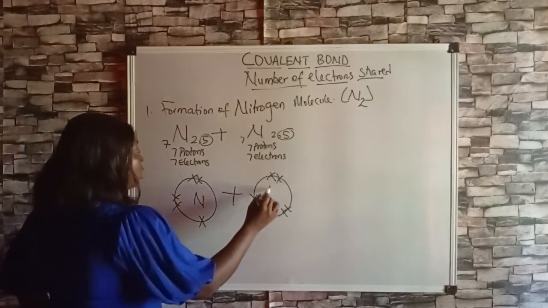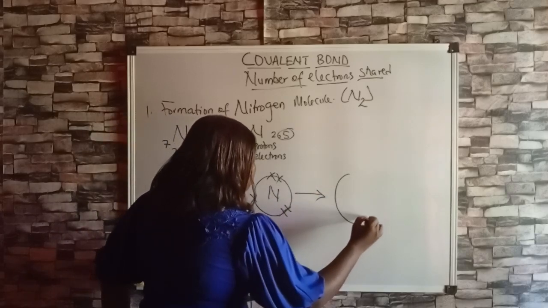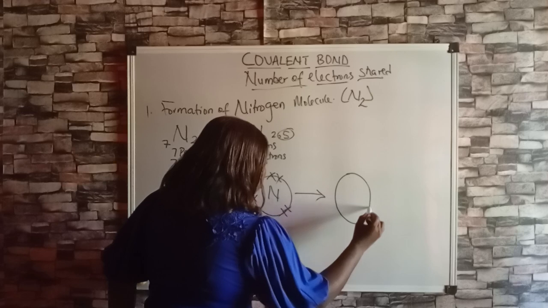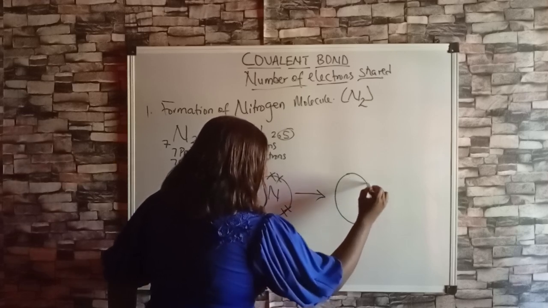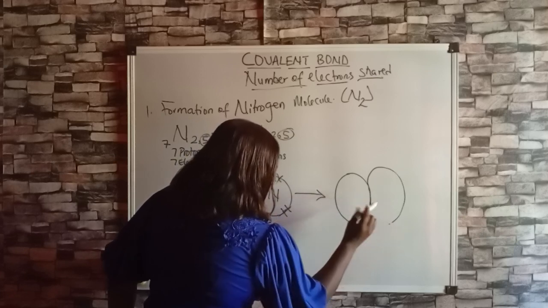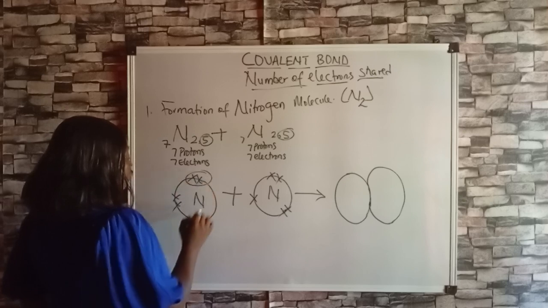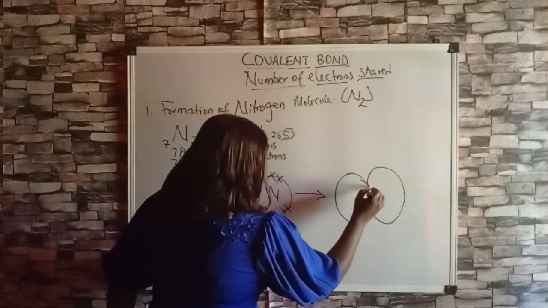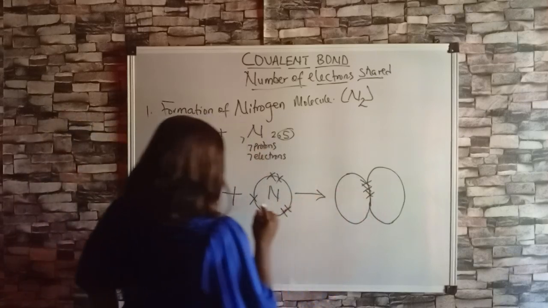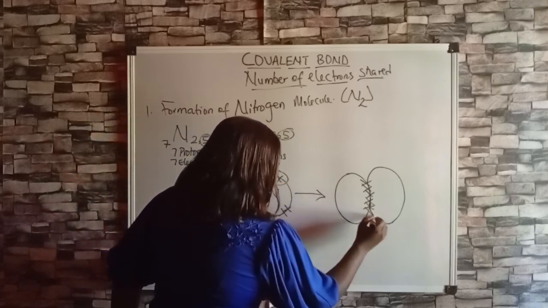So this will be formed. They will have their outermost shells coming together in this form. I'm donating 3 for sharing: 1, 2, 3. And you bring 3 for sharing: 1, 2, 3.